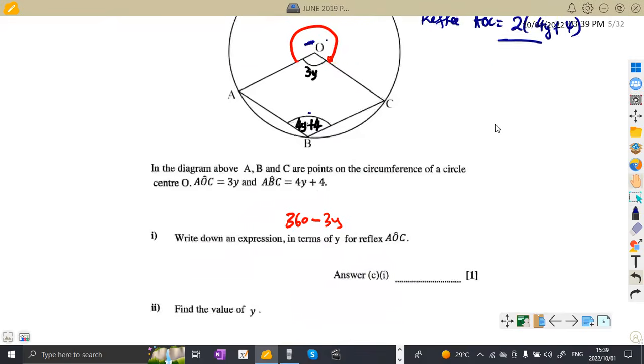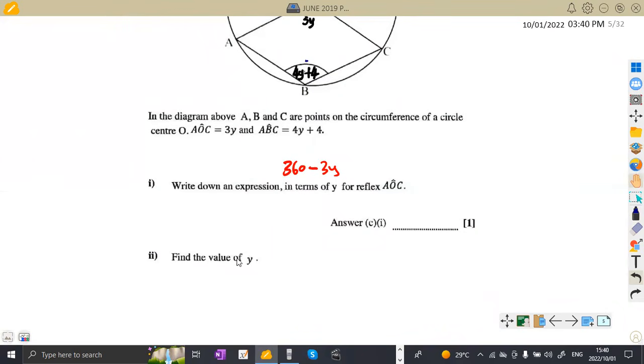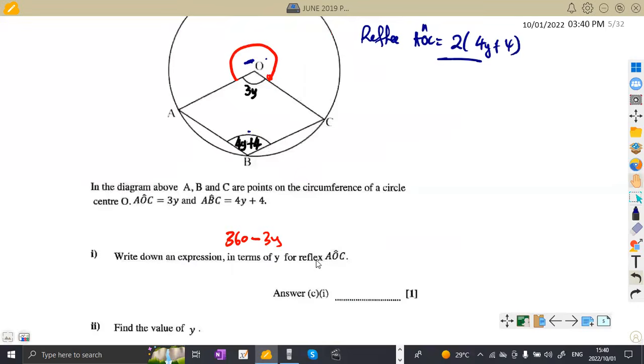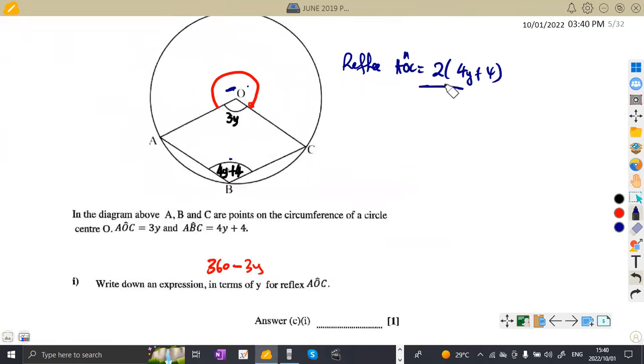On the other part, they now say find the value of y. Remember we said these two answers are the same: the reflex in terms of y, 360 minus 3y, and this one. So you can equate them to find the value of y.